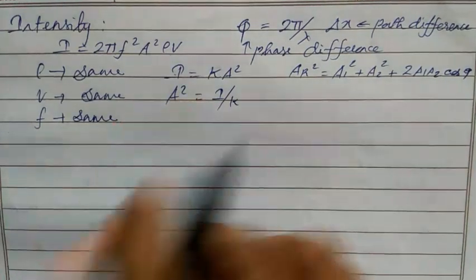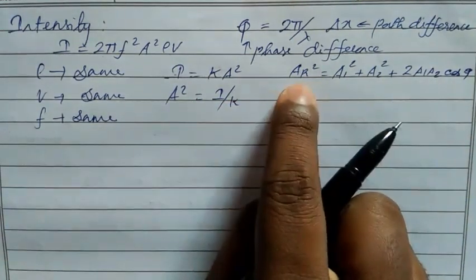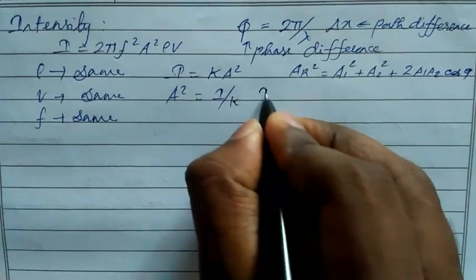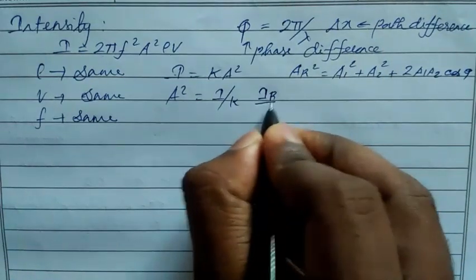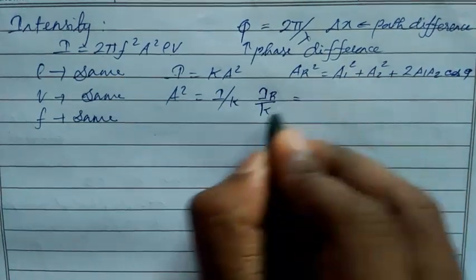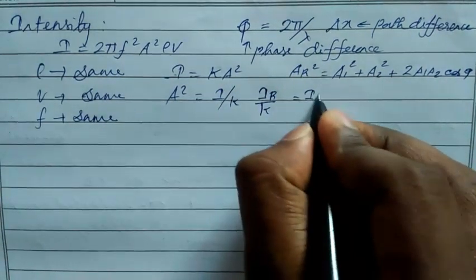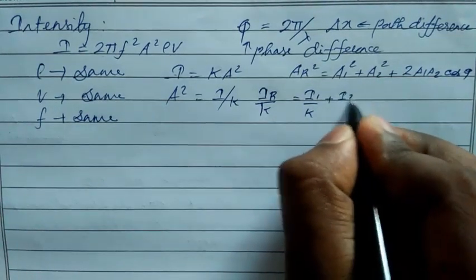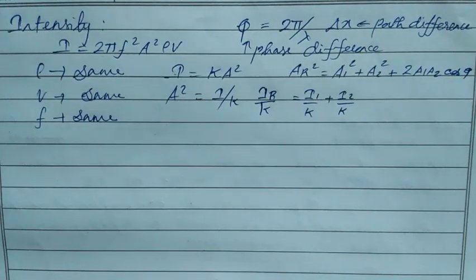So instead of a square we can substitute I by k. Here A R square, the resultant value, we can write as I R by k. Then A1 square we can write as I1 by k, plus A2 square as I2 by k. Here we have 2 A1 A2.